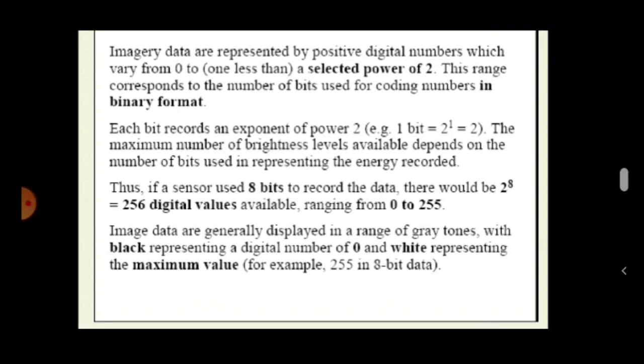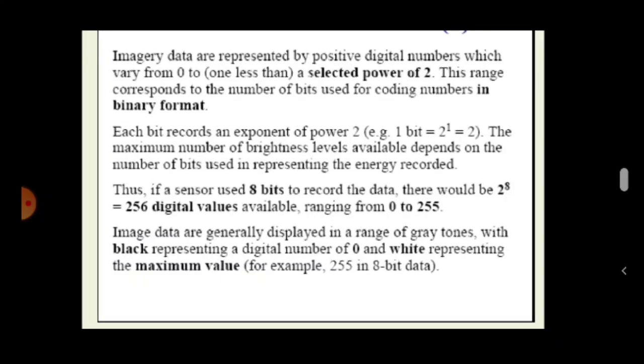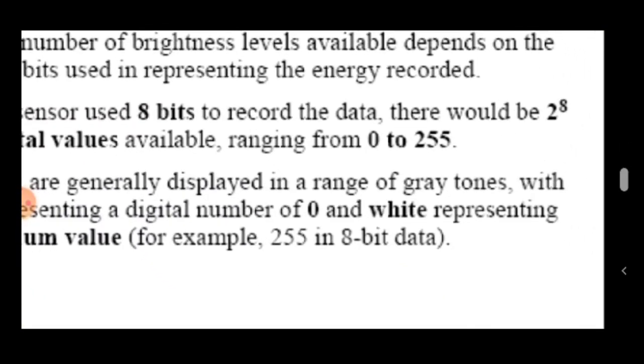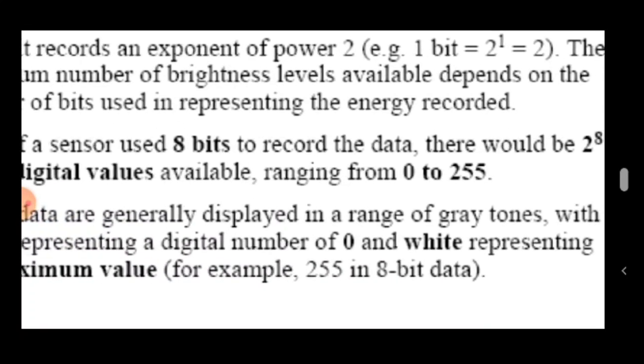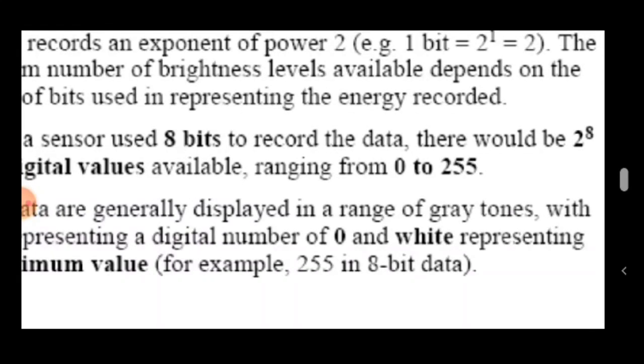Image data can be displayed in gray tones according to the radiometric resolution. 0 represents black, and the maximum value, according to the bit depth, represents white. Here with 8 bits, the maximum value is 255, which represents white. With a 2-bit record of data, 3 is the maximum value and represents white.